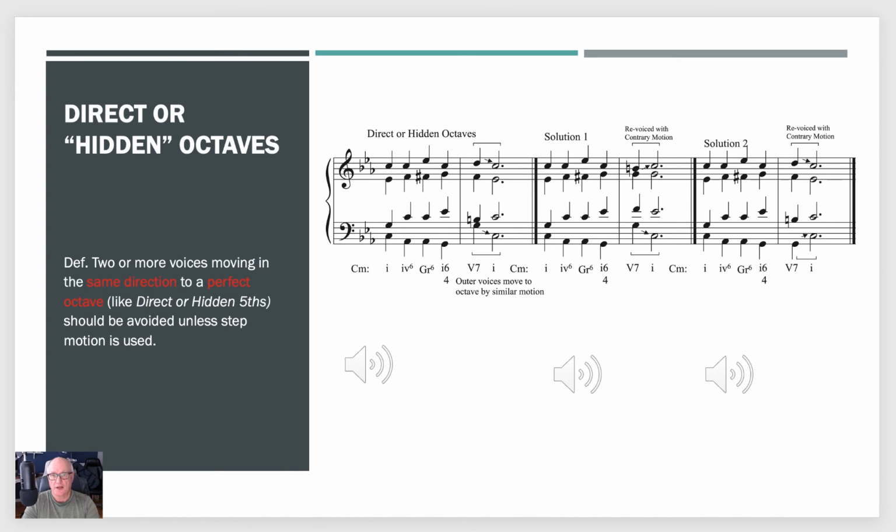Or you could change the direction of the bass, which would be really another way to solve this, because they move in contrary motion. Otherwise it means they're moving in the same direction to land on that perfect octave. Here's the first example. Listen to it in context.